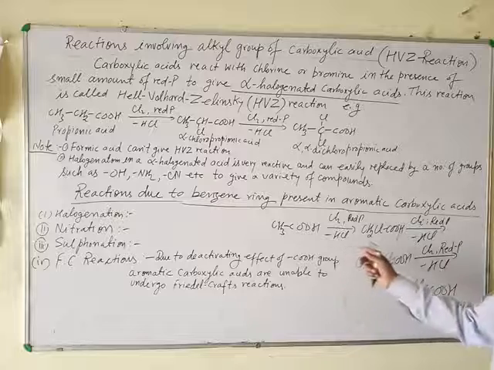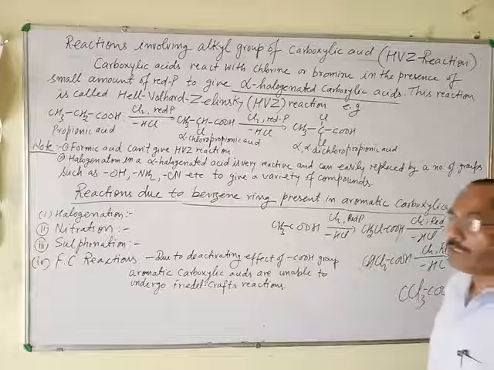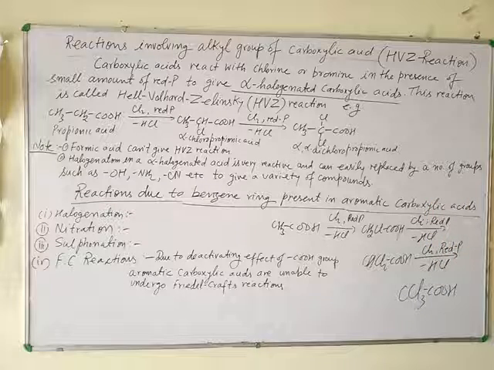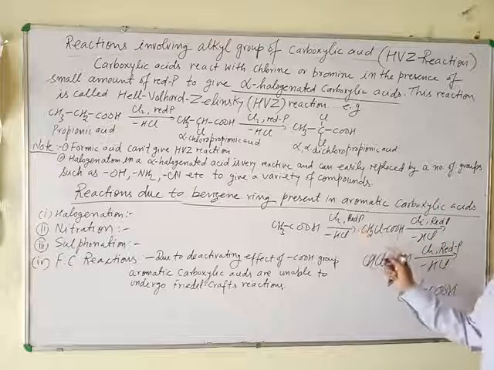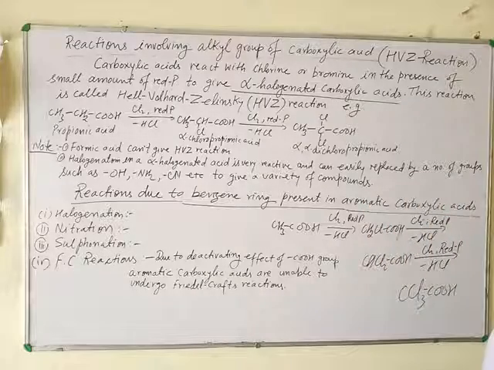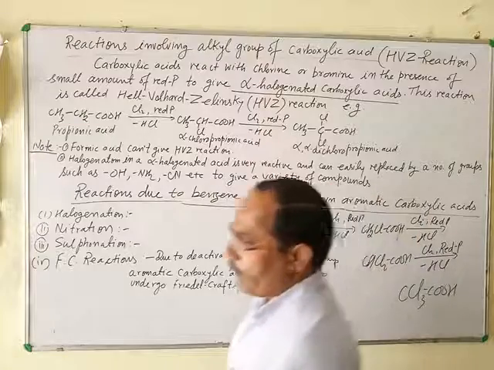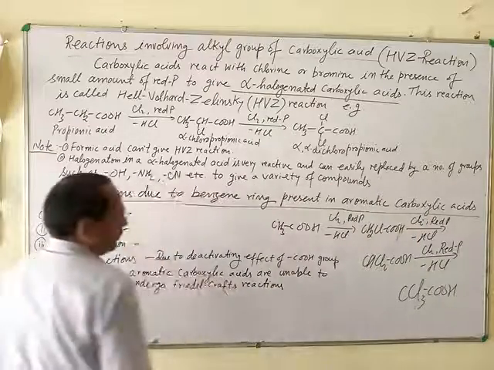Means monochloro, dichloro and trichloroacetic acid can be prepared with the help of HVZ reaction. Just like chlorine, bromine also reacts with carboxylic acids, and alpha bromo derivatives of carboxylic acids are obtained by this reaction.